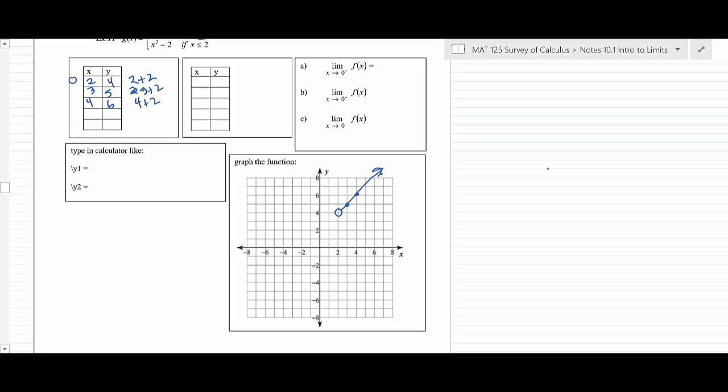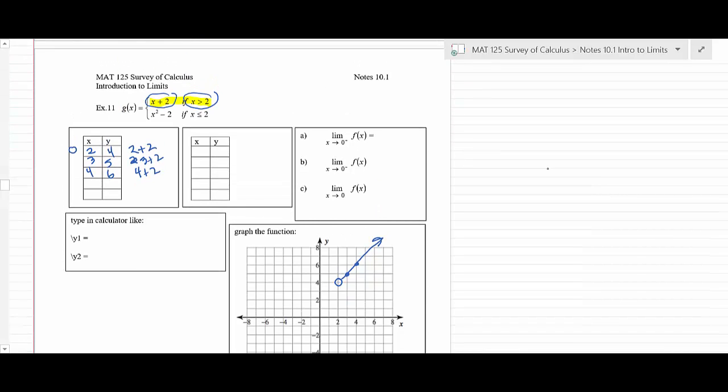Okay, and then the second graph is going to be a quadratic. What kind of numbers do I need to put in my table on this one? 2 and smaller, right? Okay, so I'm going to start with 2 with a solid dot this time because of the equal to bar, and then just start picking some numbers smaller than 2, like 1, 0, -1, -2, and so forth like that. Just do the arithmetic.